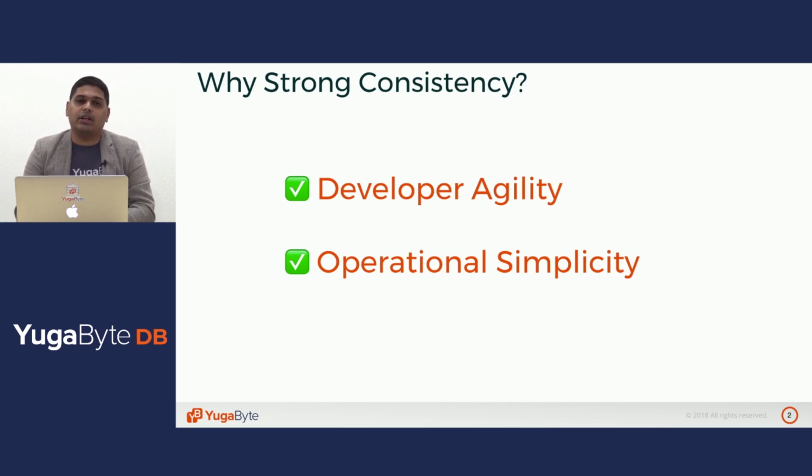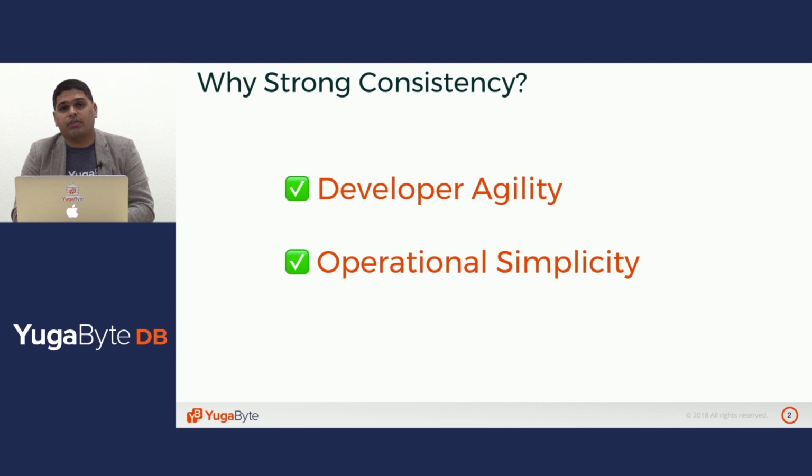It ensures that developers of distributed applications can write to the database and then read from the database the same data that they had written before without going through a complex matrix of corner conditions, and ensures that the end user continues to see correct data.